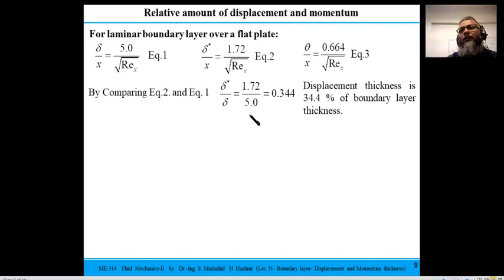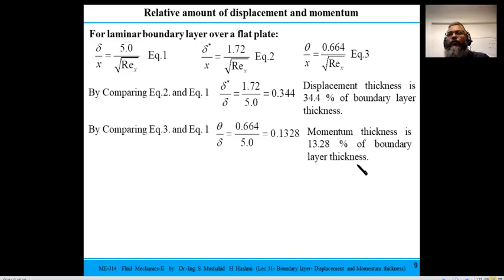What this fraction says is that the magnitude of the displacement thickness would be 0.344 of the boundary layer thickness. The boundary layer thickness obviously would be bigger in magnitude and displacement thickness is smaller. It is only 34.4%, or displacement thickness is 34.4% of the boundary layer thickness.